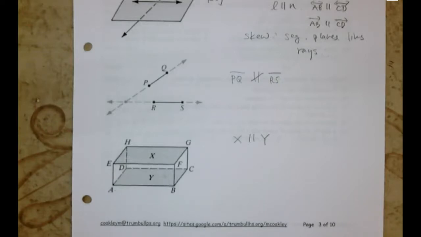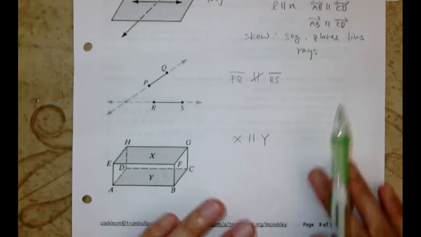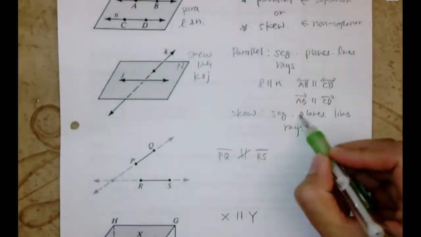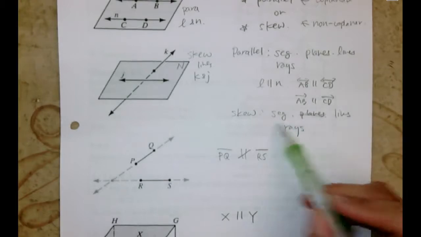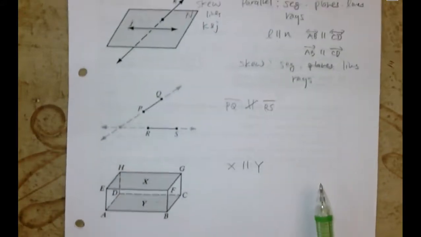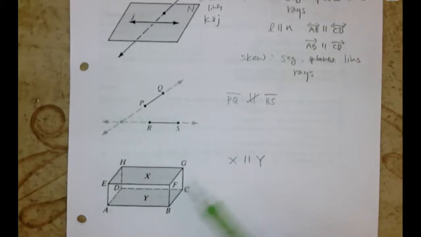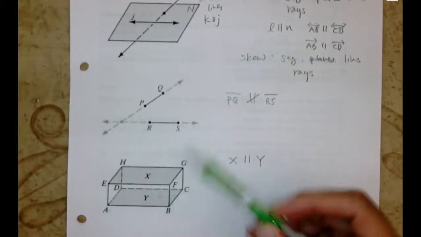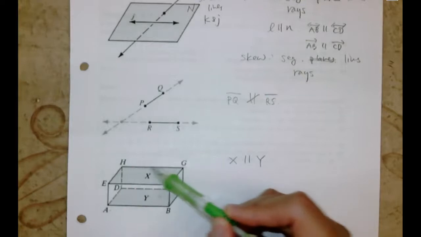Okay, so to think about skew planes. The skew planes actually do not exist. Only skew lines. I'm wrong, I'm sorry. The skew planes do not exist. It's the segments, lines and rays only. For example, this line is skew to this line. You see that?